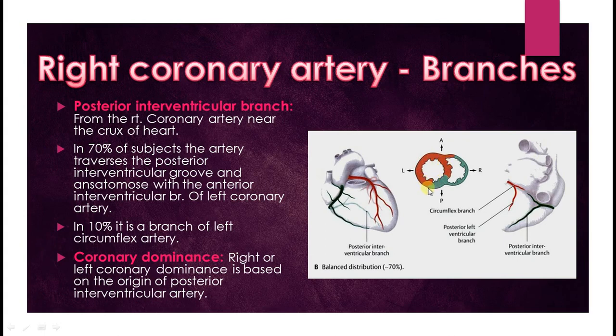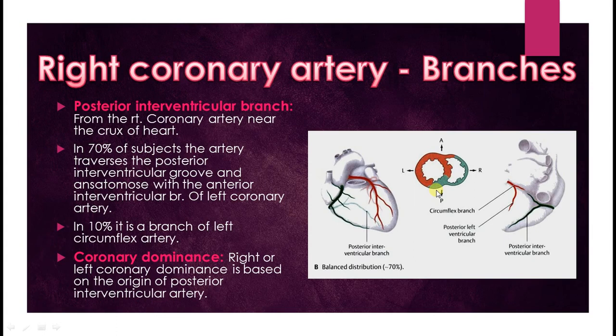If the circumflex artery gives the posterior interventricular artery, then the whole of the left ventricle comes under the control of the left circumflex in those 10% of cases. So in any coronary artery disease or ischemic heart disease, the whole of the left ventricle, including the ventricular septum, might undergo infarction, and there will be a failure of systemic output.